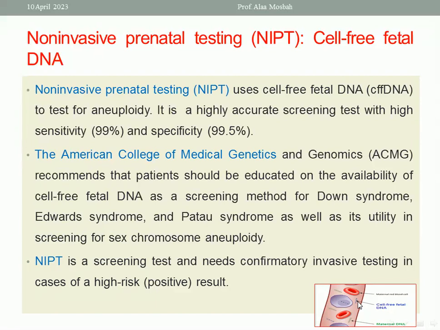Okay? This test is very interesting, carry high sensitivity, high specificity, as I said, non-invasive test, but it is costly. So it carry a higher cost than any other screening test. This is one of the limitations for doing this test, being costly. Okay, higher cost than other screening tests.